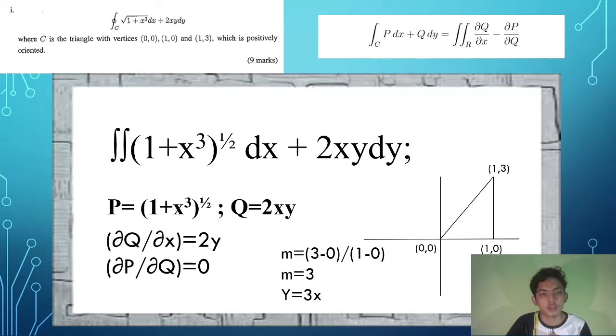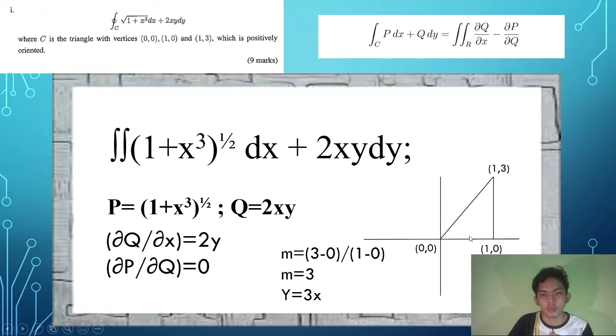Next, we separate it into the P part and the Q part, where P is equal to (1 plus x cubed) to the power of 1 over 2, and Q is equal to 2xy. When we differentiate using the formula, the P part gives 0, because there is no y in it. Differentiating the Q part with respect to x, we get y.